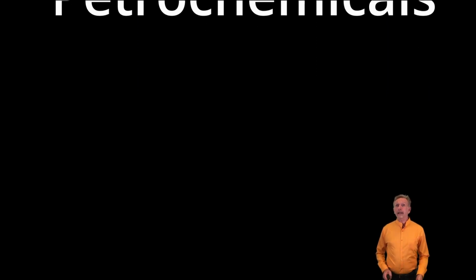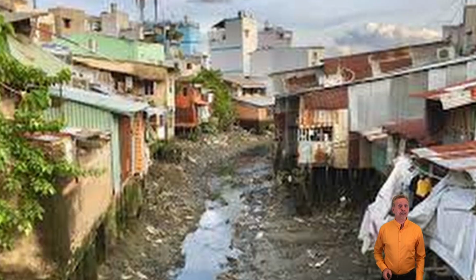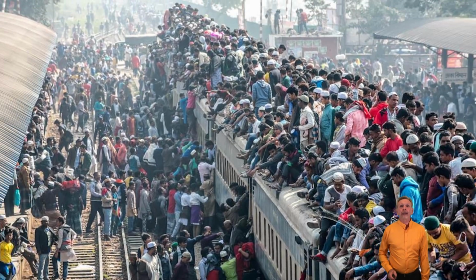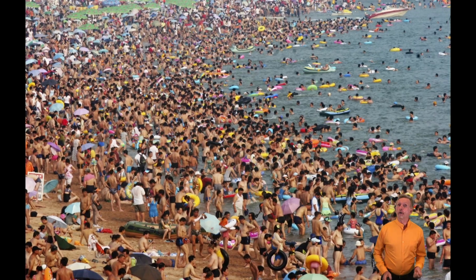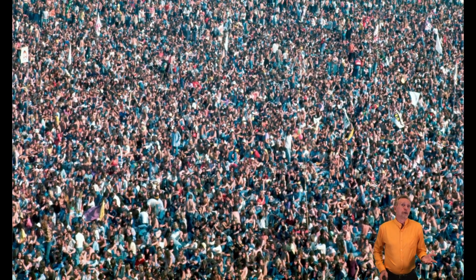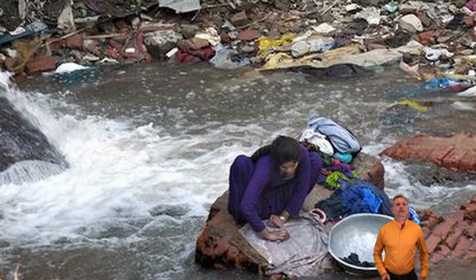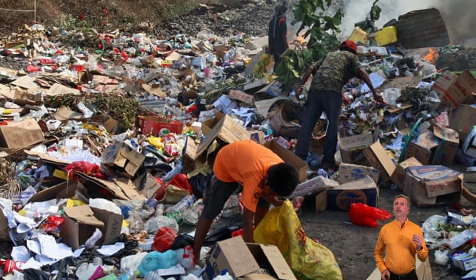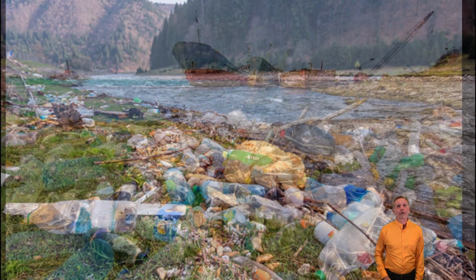Now, poverty, as we see here, leads to overpopulation, and extreme overpopulation inevitably leads to pollution. And the pollution that we see here is often from the use of petrochemicals, which is destroying the world around us.